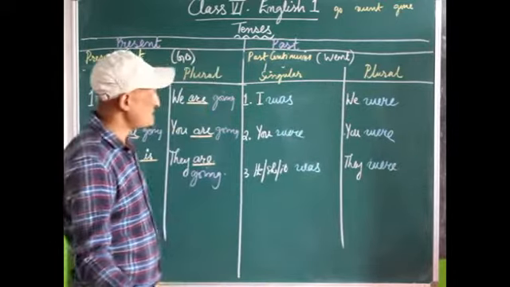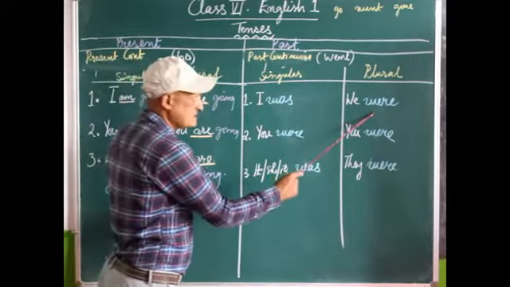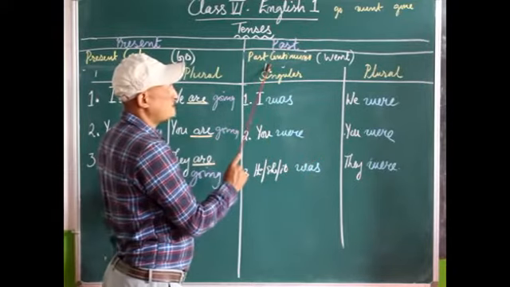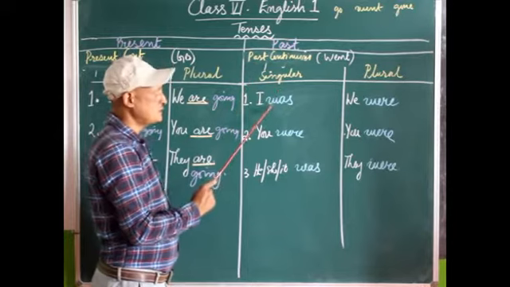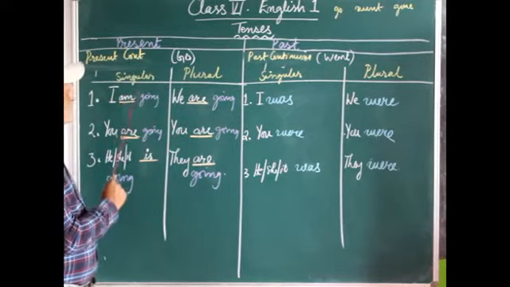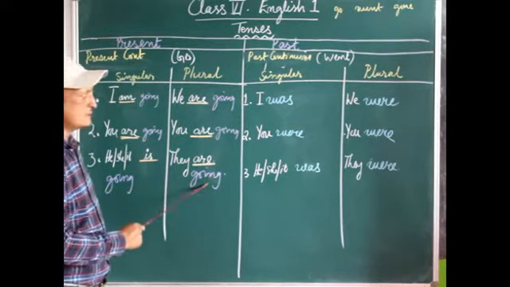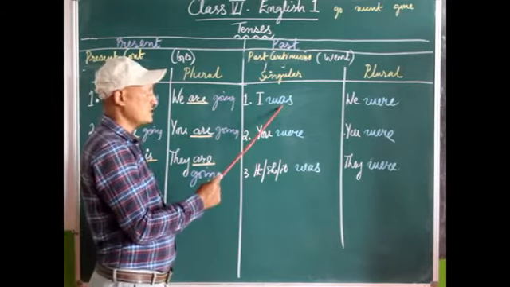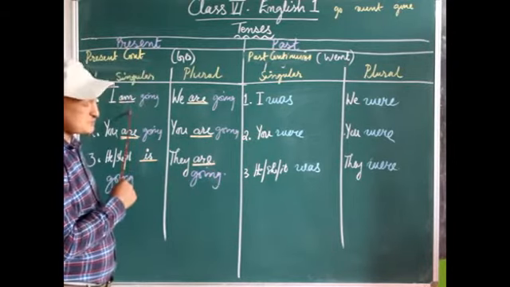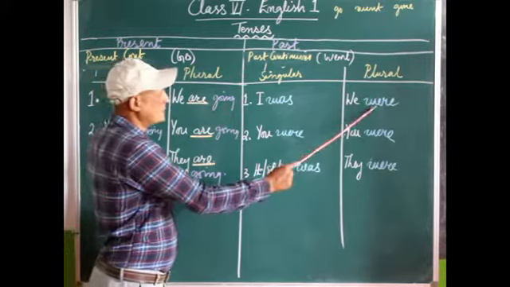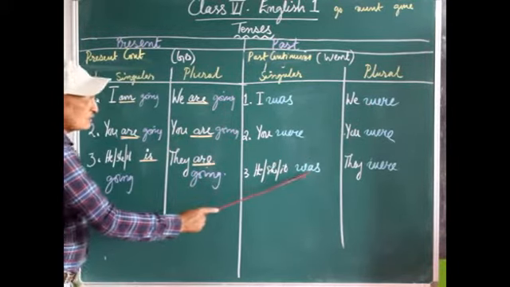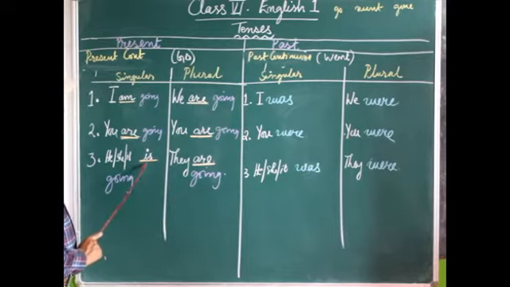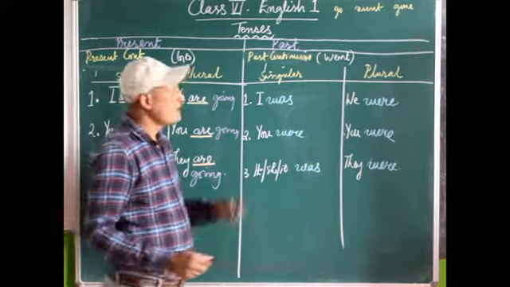These are the changes that take place in the past form. When you write a sentence in the past continuous, we use the past form of the helping verbs, which are was for am, were for are, and was for is. Is it clear?